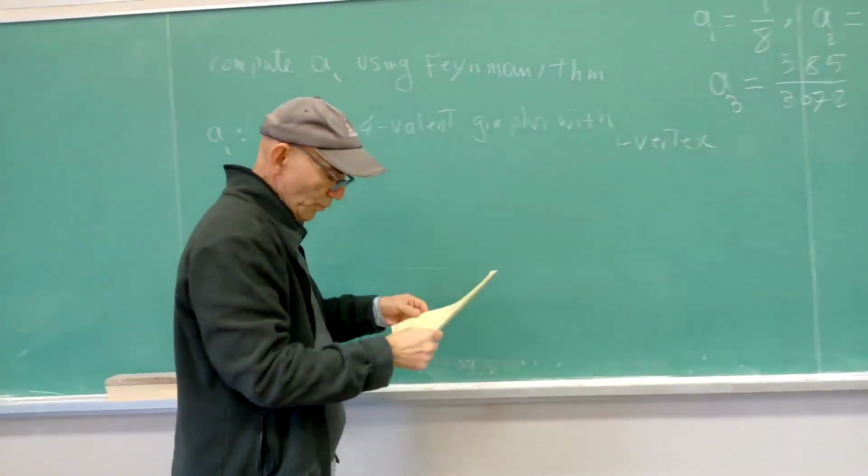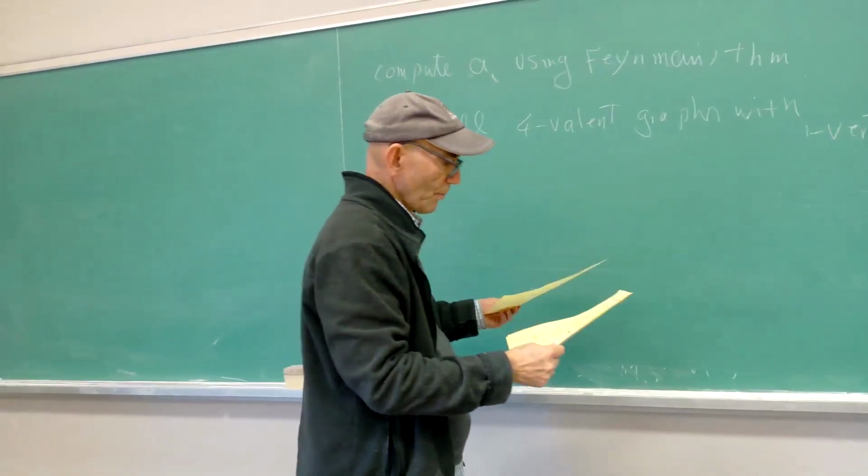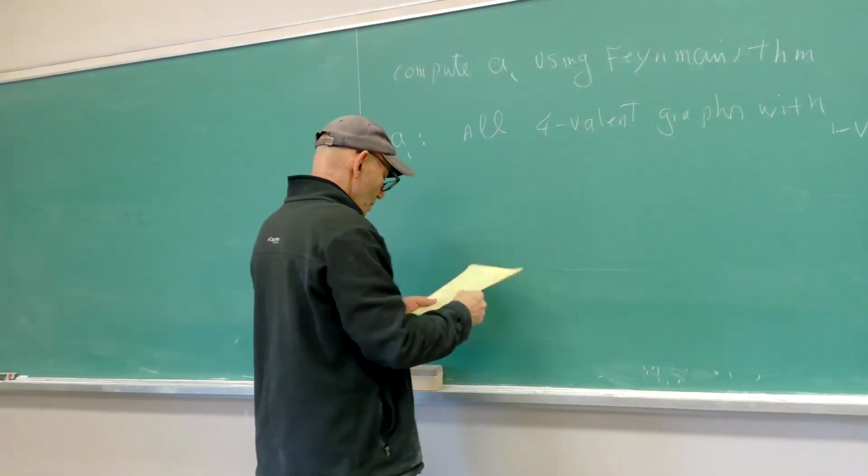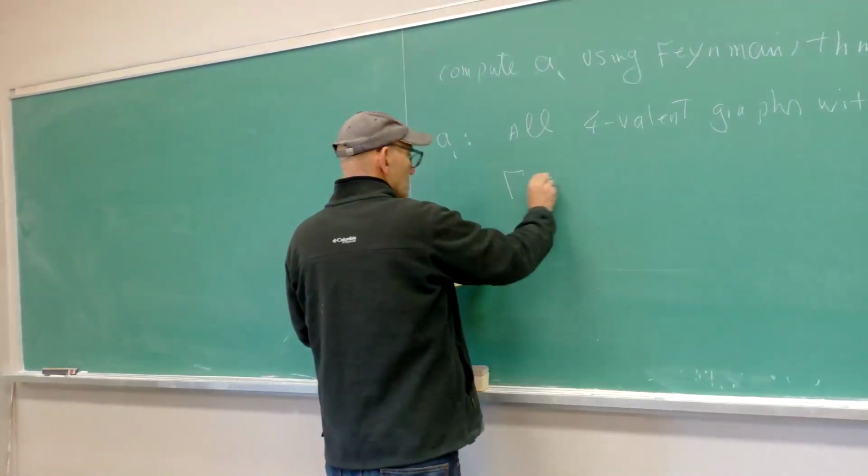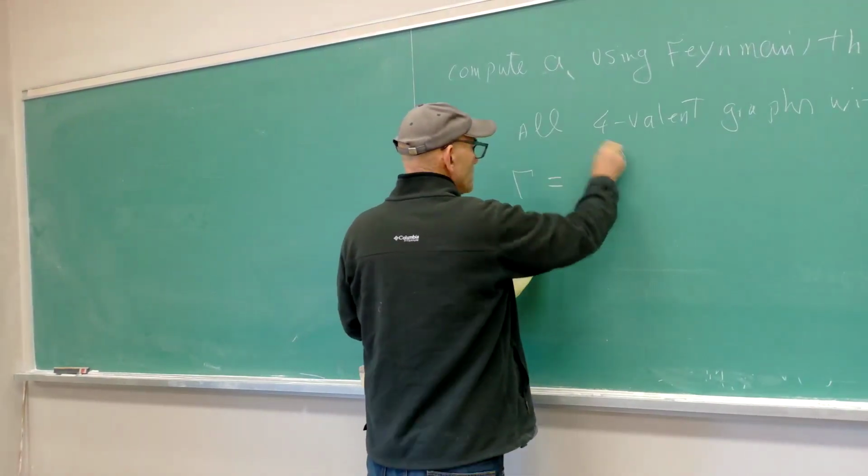And there's only one of them. So gamma is equal to this graph, the figure eight.